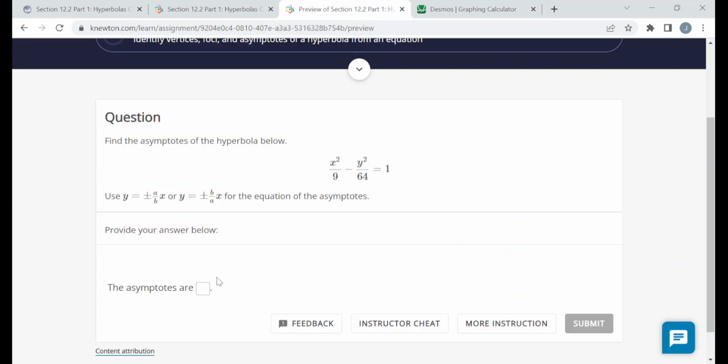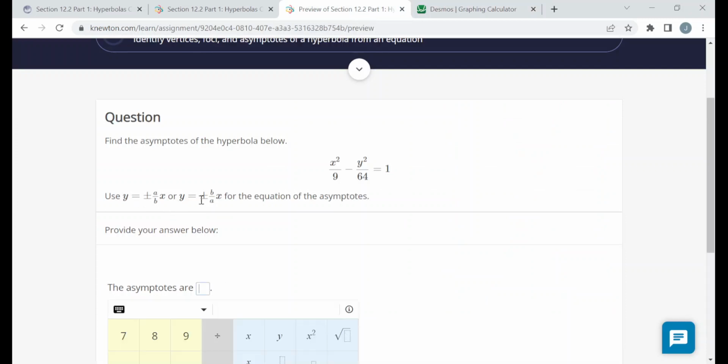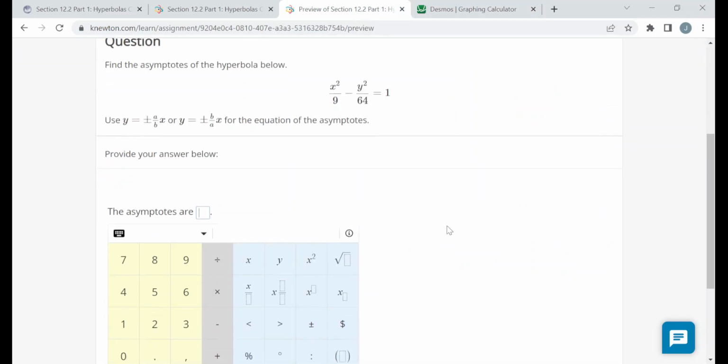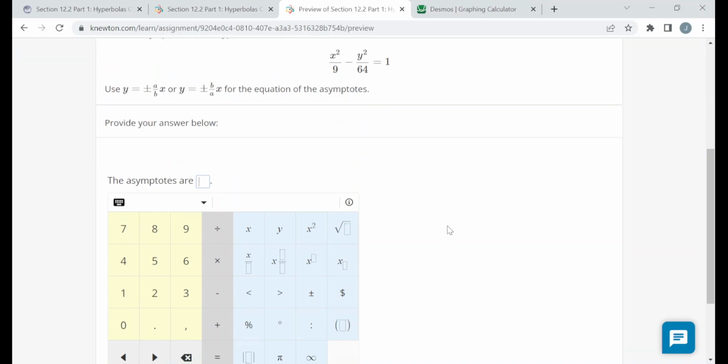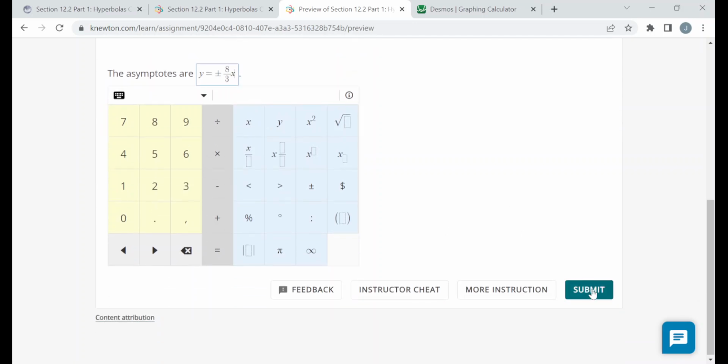But back here, all they want are the asymptotes, and they want you to use the plus or minus symbol here. So don't write 2 separate ones. Y equals, and then the plus or minus symbol is in this little calculator on screen here, and 8/3 times x. Y equals 8/3 x, y equals negative 8/3 x. Those were the asymptotes.